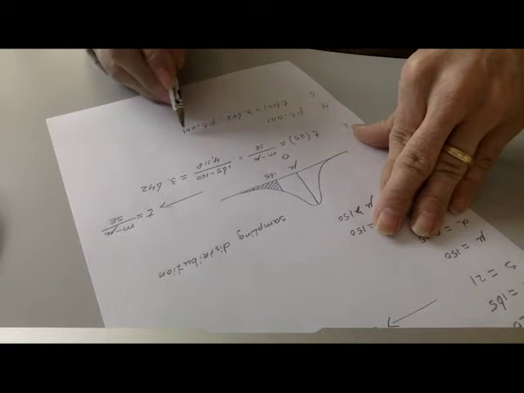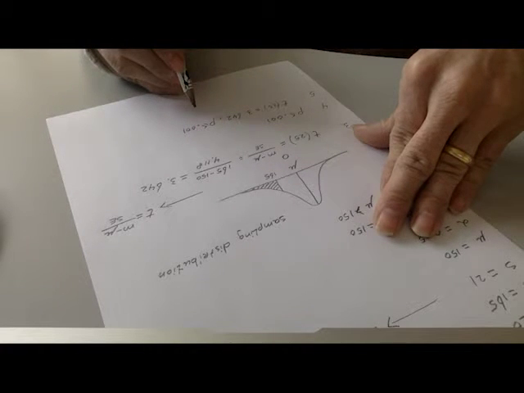Because p is smaller than our criterion, our significance level, alpha, we say this sample mean was too unlikely to come from a population mean of 150. Therefore, we reject H0 and we accept the alternative hypothesis that mu is larger than 150.